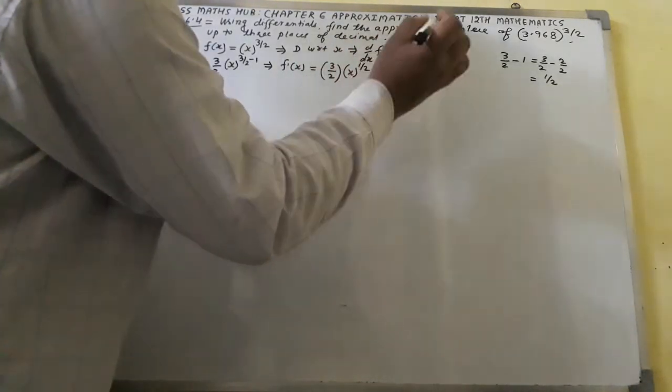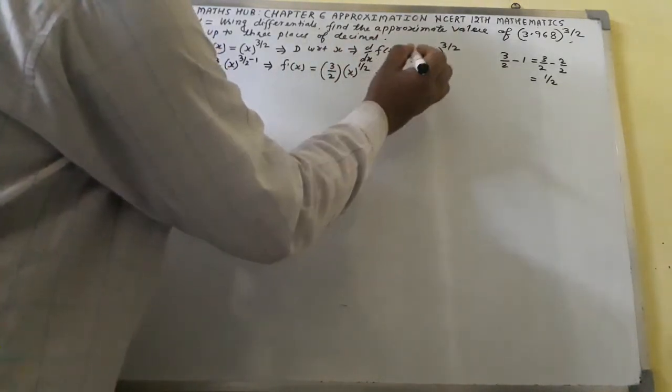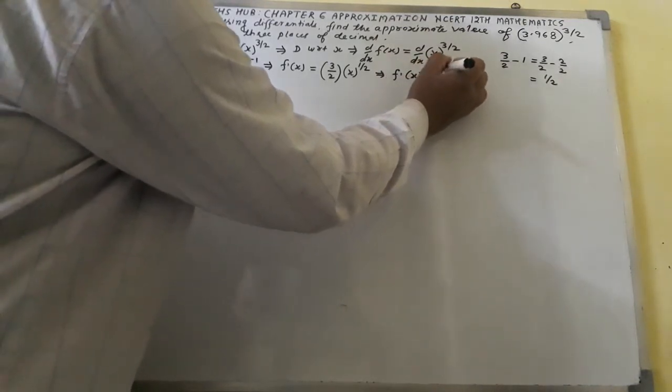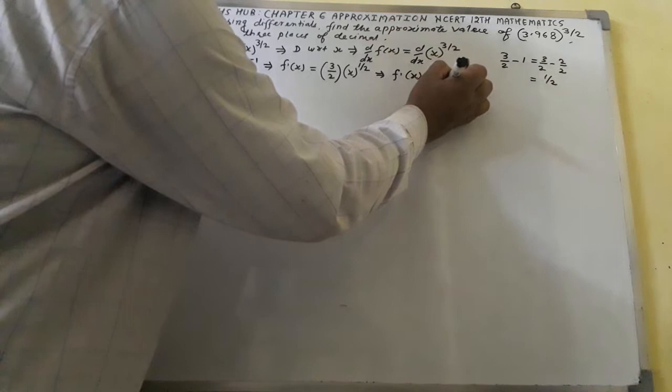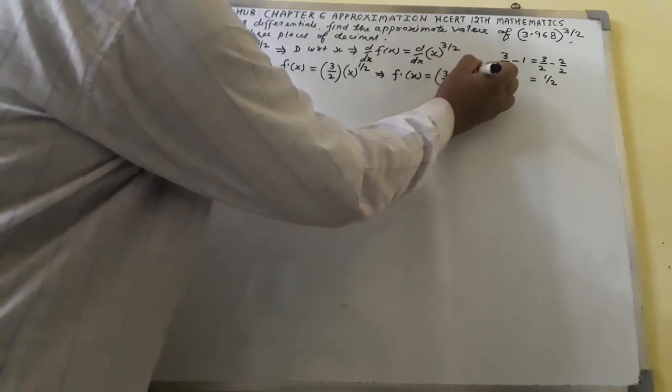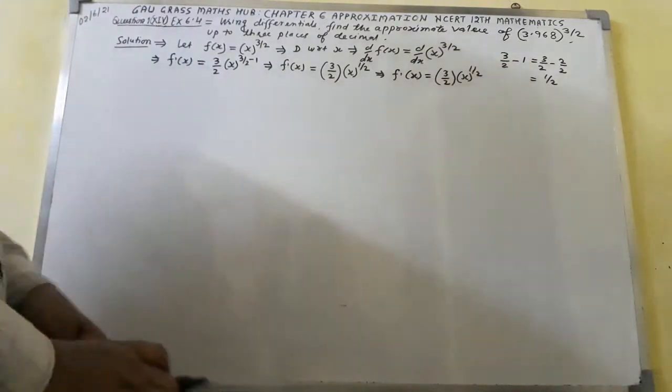This thing you have got. So f'(x) is 3/2 x raised to the power 1/2. Therefore I am going to erase this one.